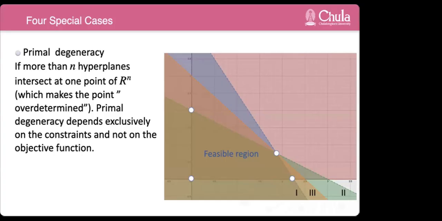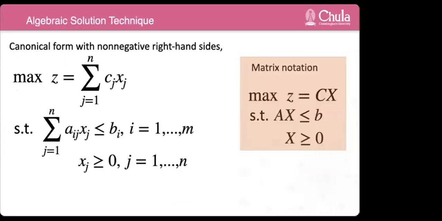Right. If you have three decision variables, it's impossible to draw, right? Or if you have 4, 5, 6 variables, you cannot draw it anymore. So from the idea of the graphical method, we're going to develop an algebraic solution technique.